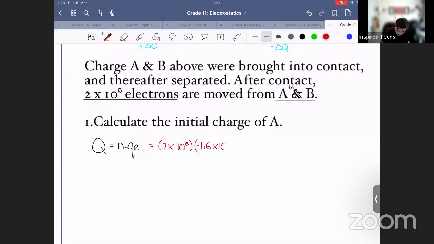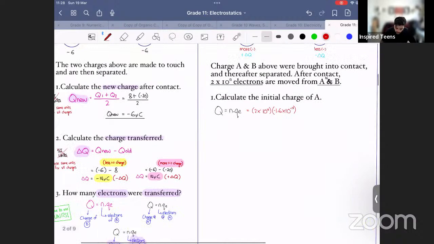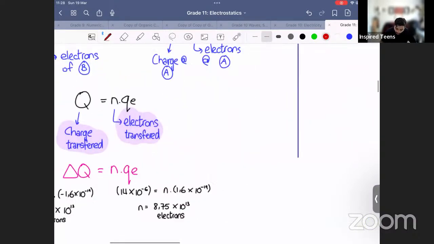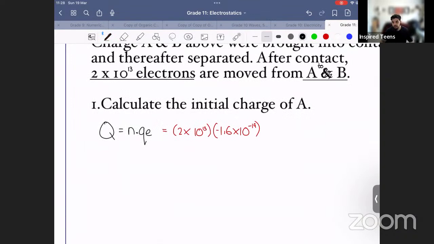You can put negative if you wish. 1,6 times 10 to the negative 19. Okay, when we do this calculation, we get 3,2 times 10 to the negative 6 coulombs.